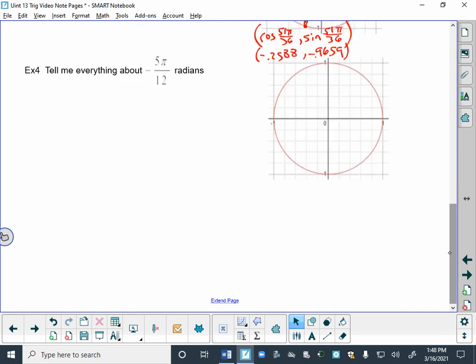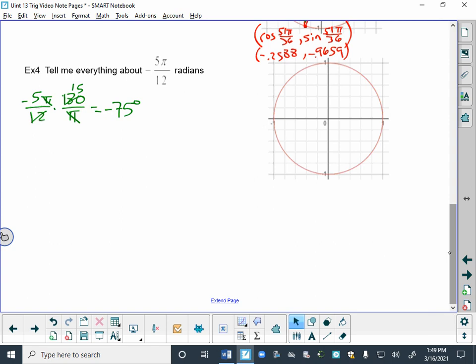-5 pi over 12. So again, let's convert it to degrees just so that we can see where we should draw it. -5 pi over 12 times 180 divided by pi. The pi's cancel. 180 divided by 12, I think we did that before and got 15. And so -5 times 15 is -75 degrees.